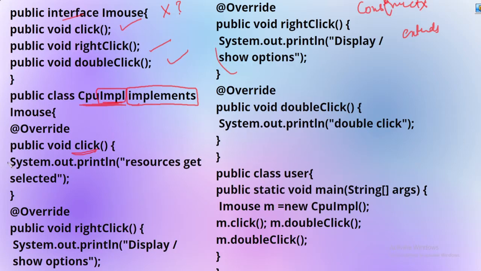So what I'm going to do is refer to the interface and create an object of CPU IMPL, and with the reference that is created here, I'm just going to call the methods that are present over here. So once you call them, you're going to get the outputs of the methods that are given here.